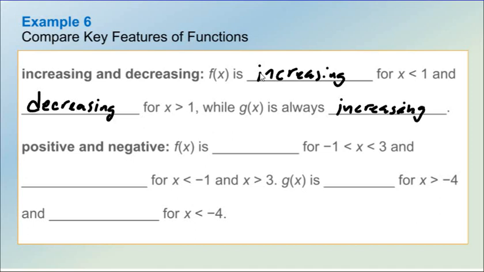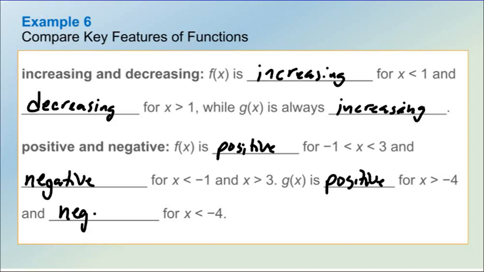Positive and negative. f of x is positive when x is greater than negative 1 and less than 3, and it's negative when x is less than negative 1 and when x is greater than 3. g of x is positive when x is greater than negative 4, and it's negative when x is less than negative 4.